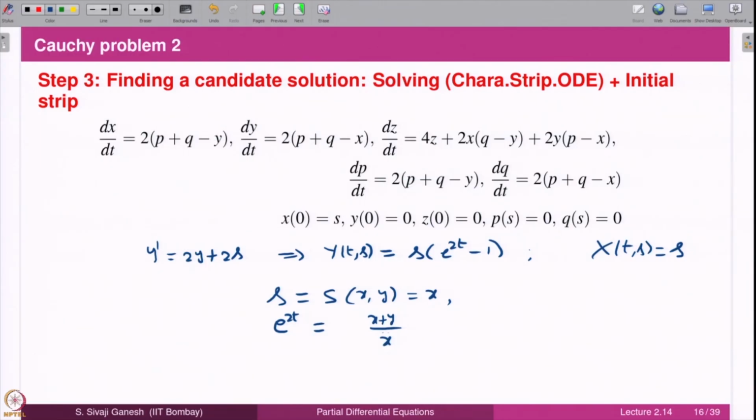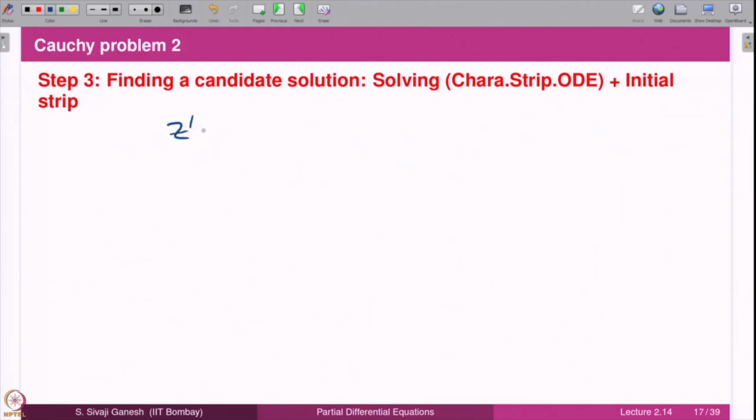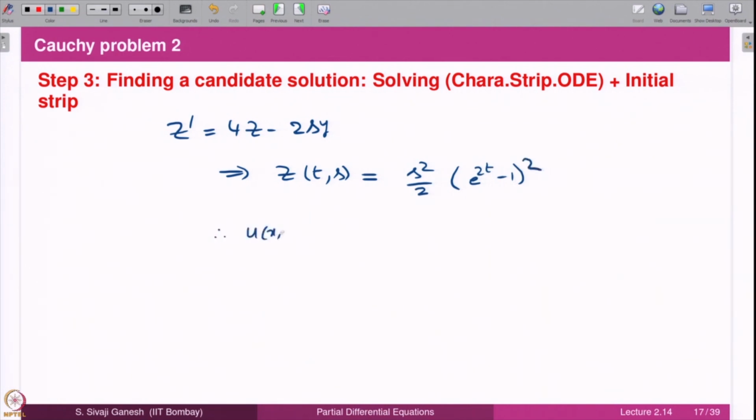So, now equation for z, z prime equal to 4z minus 2sy. On integration, what we get is z(t,s) is equal to s square by 2 into e power 2t minus 1 whole square. Therefore, u of x, y equal to x square by 2 into y by x whole square, that will give us y square by 2.